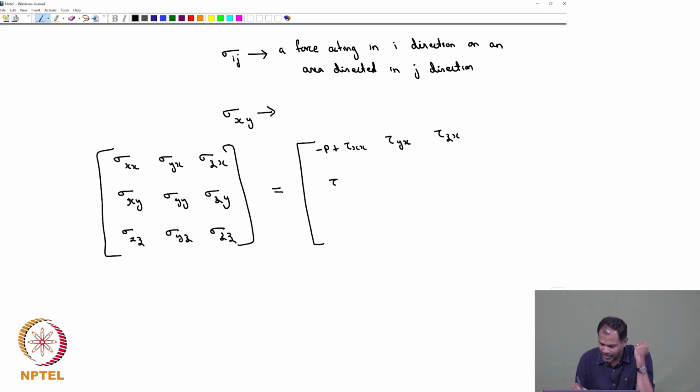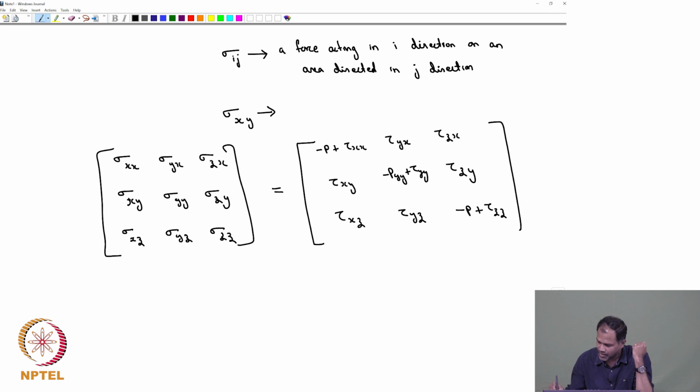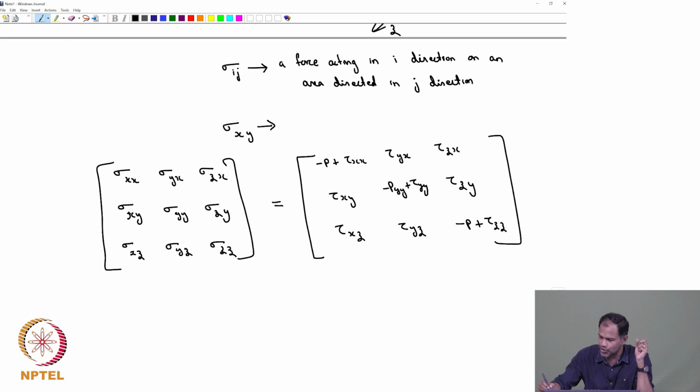Similarly, you will have tau xy, minus P plus tau yy, and then tau zy, tau xz, tau yz, minus P plus tau zz. Okay. So, this is if you want to write your surface stresses with pressure and shear stresses, viscous stresses, separated.